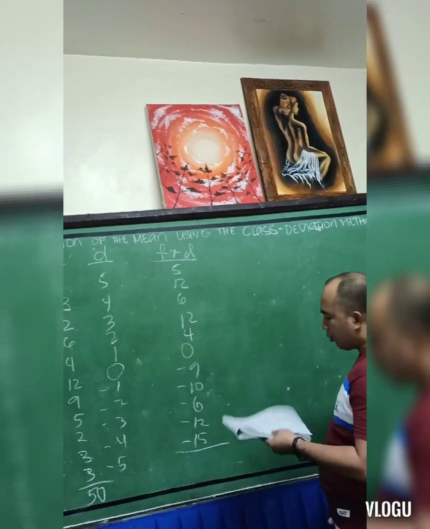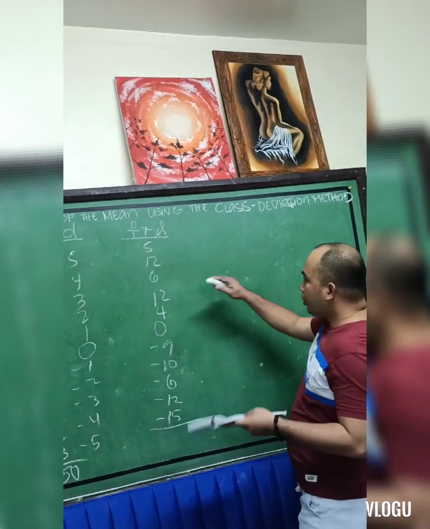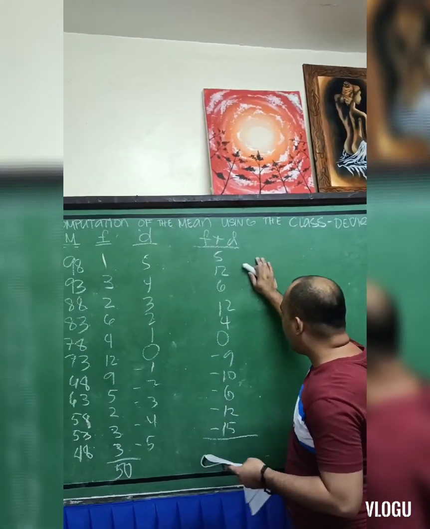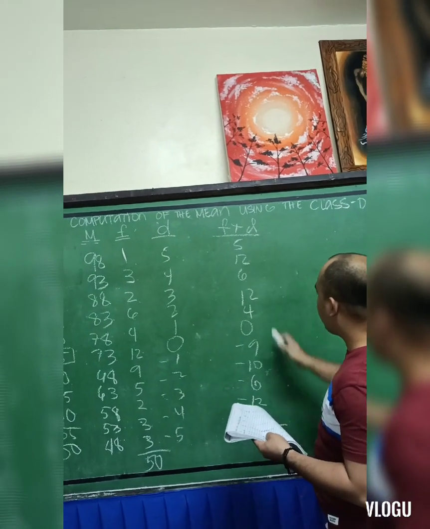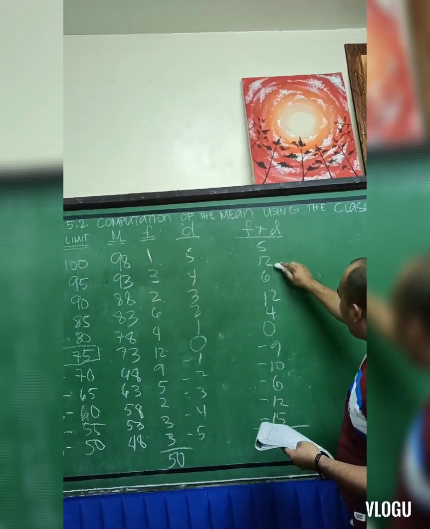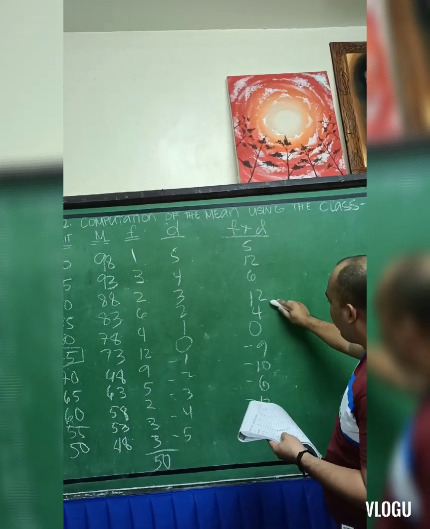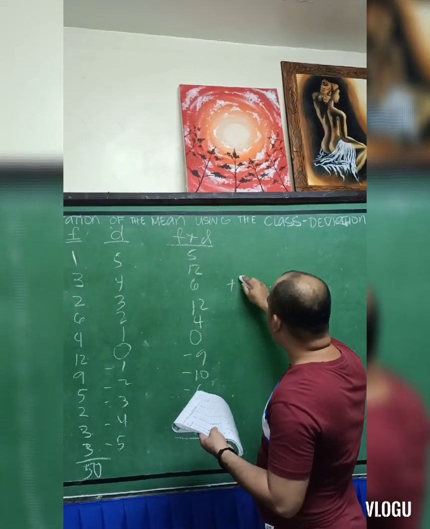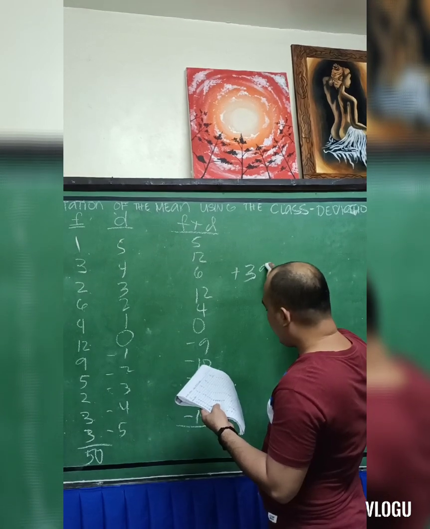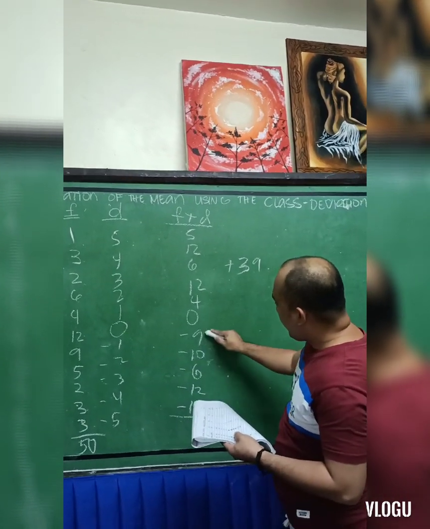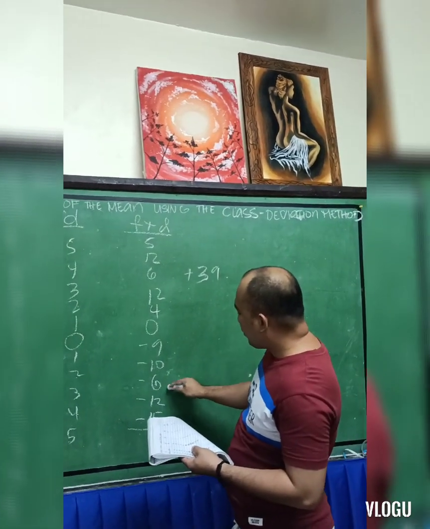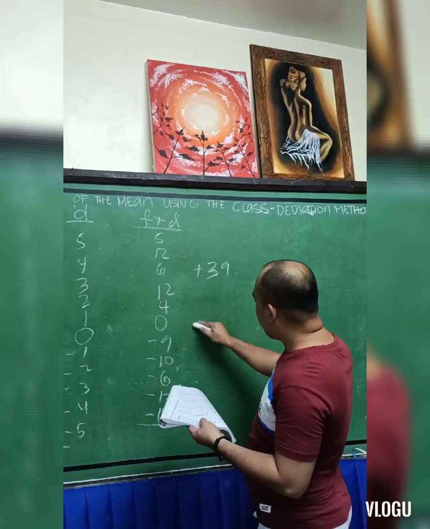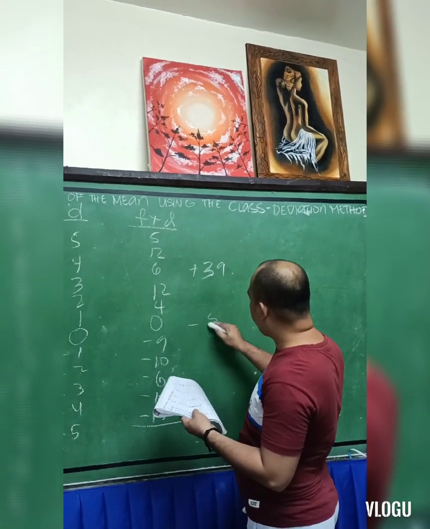Okay. To get the summation of the product of the frequency and the deviation, we just simply add these numbers. 5 plus 12 plus 6 plus 12 plus 4 is equal to positive 39. Negative 9 plus negative 10 plus negative 6 plus negative 12 plus negative 15 will give us negative 52.